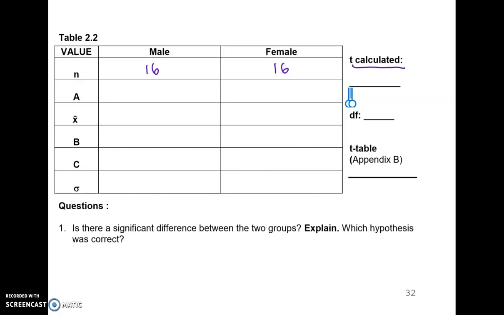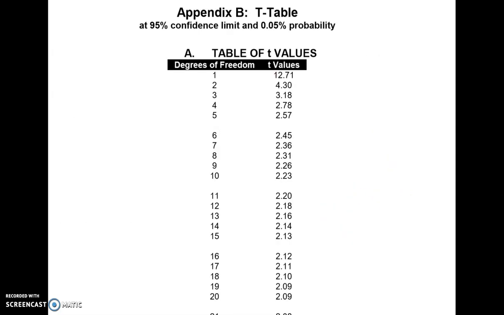T equals... the degree of freedom is going to be 16 minus 1, which is 15, and so we can take a look at the T table in Appendix B real quick. Here is your Appendix B T table. We want 95% confidence limits and a probability of 0.05. So the P is 0.05, and now we have our degree of freedom.